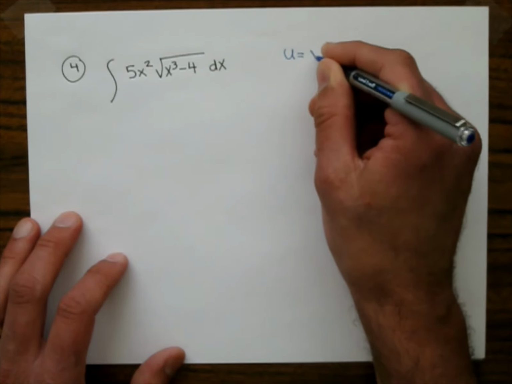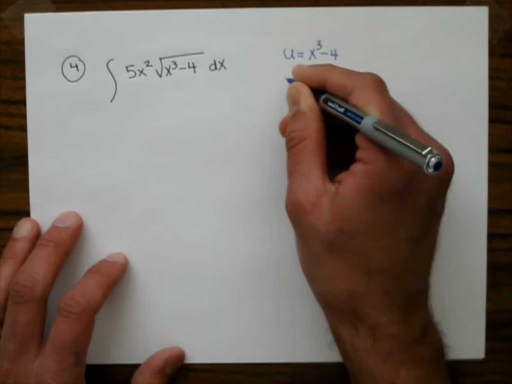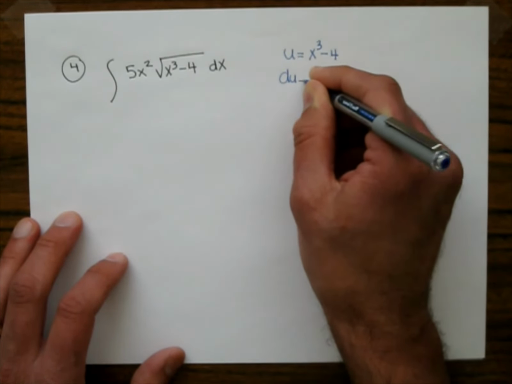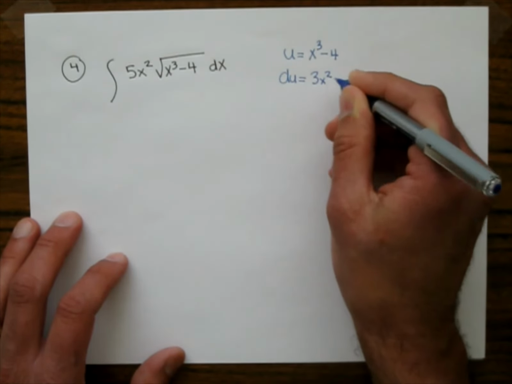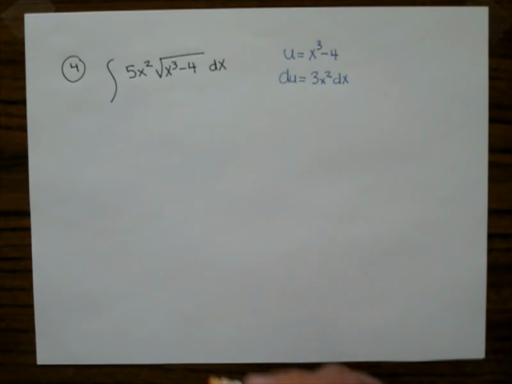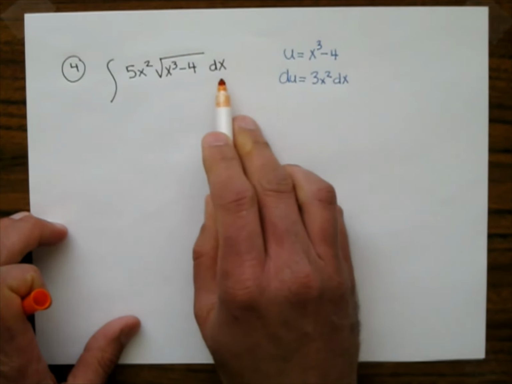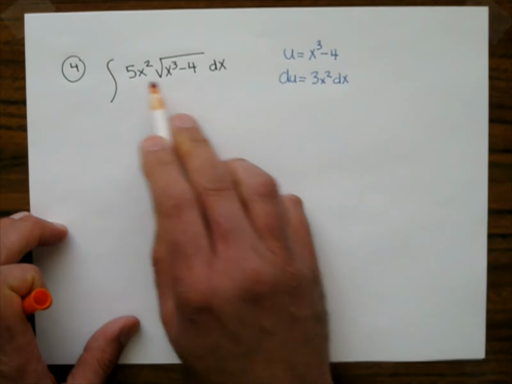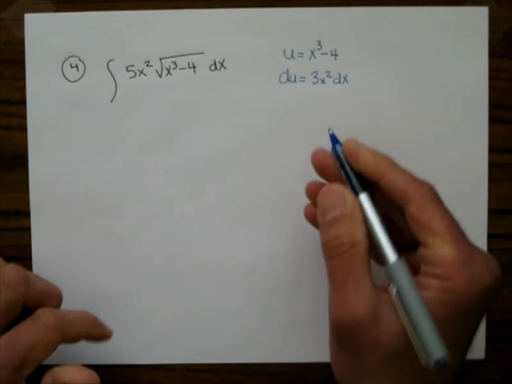So I have u equals x cubed minus 4. du is going to equal, I take the derivative, 3x squared dx. Now look what I have. I do have an x squared right there. There's a few ways of doing this. I don't have the 3 there, so remember on the other one I divided. So here's something fancy you can do.